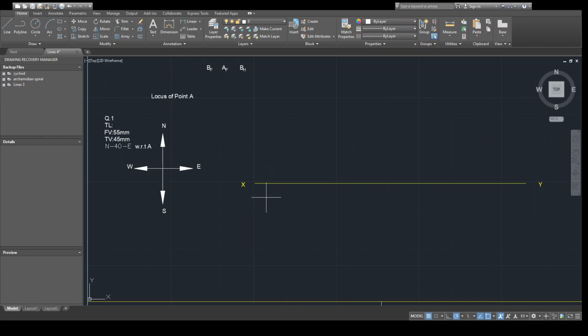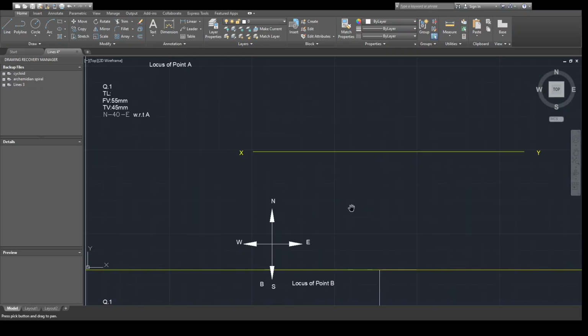So let us take the top view 45 mm, and its inclination is also given as N40E. The bearing is a top view inclination, and N40E means from north to east 40 degrees.